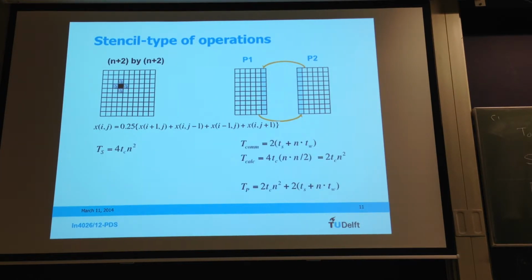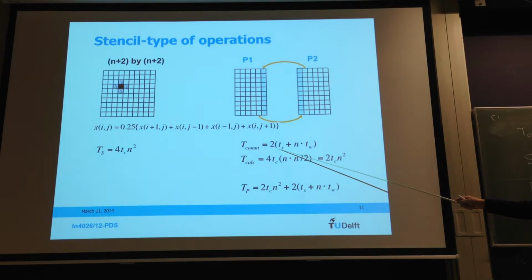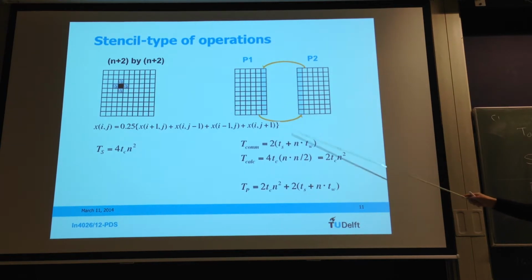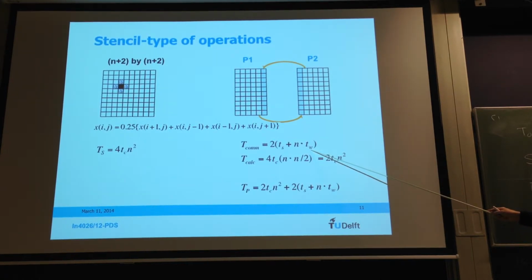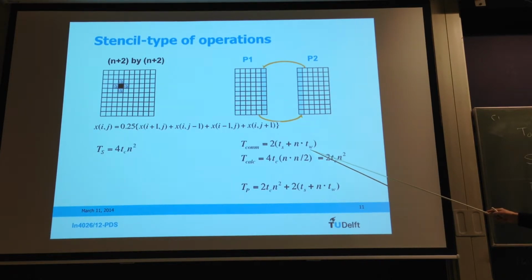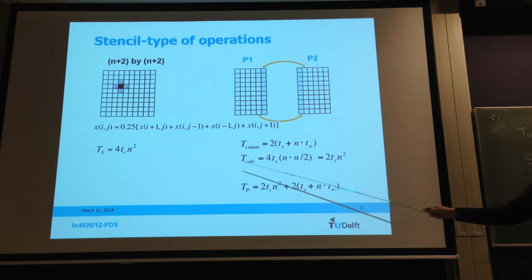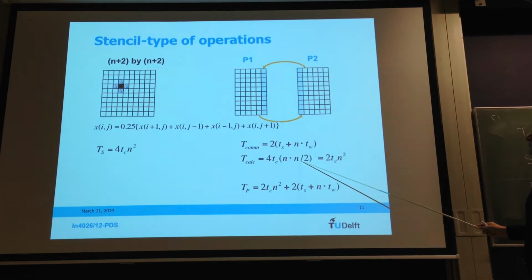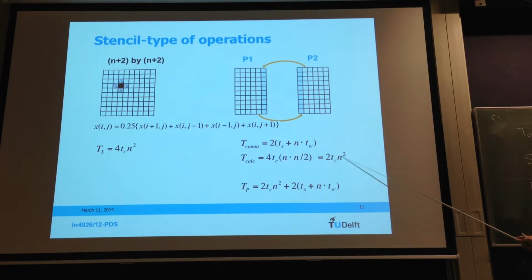Right, if we then try to see what the computation means, we first have to do a communication step, which is equal to 2 times the startup time plus n times tw, in the metrics we have derived. Then we do the calculation time, which for one dimension is n over 2. So that's equal to 2 times tc times n squared.